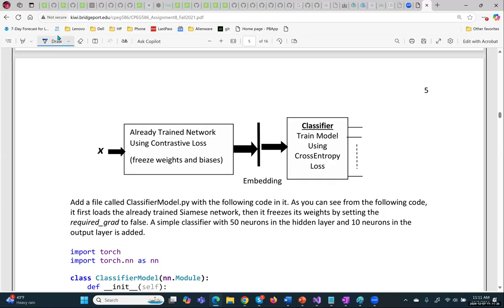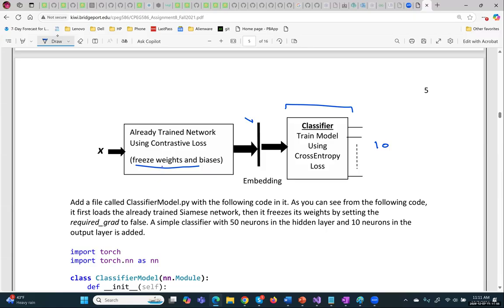For MNIST, there will be 10 outputs, as you can guess. Now we will freeze the weights because it's already trained. It has already learned that if images belong to the same category, it produces a latent vector that is closer to another image of the same category.